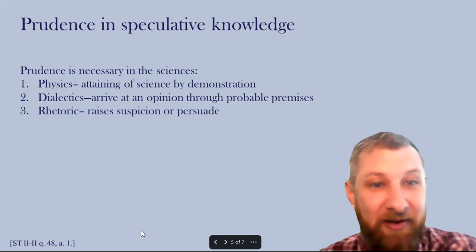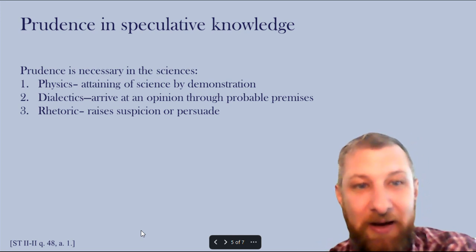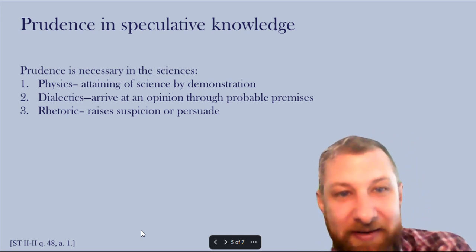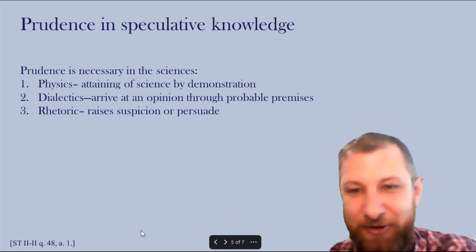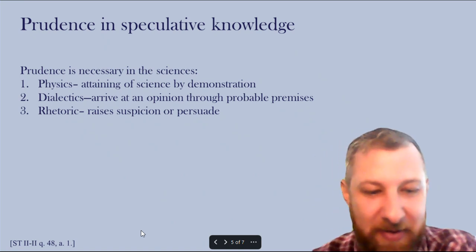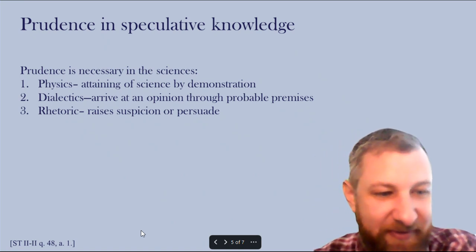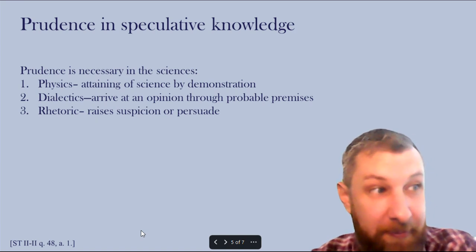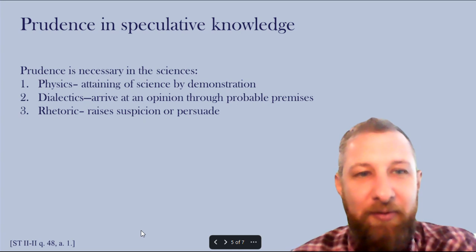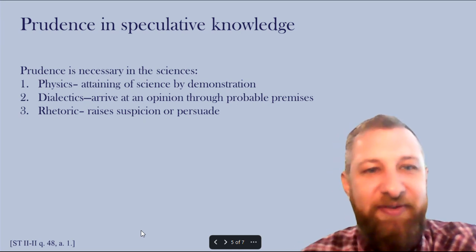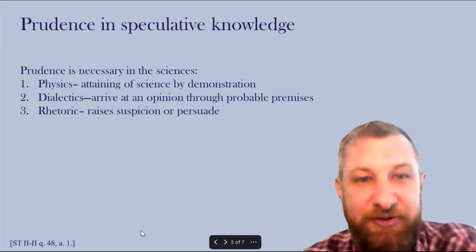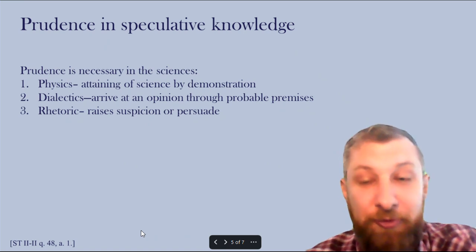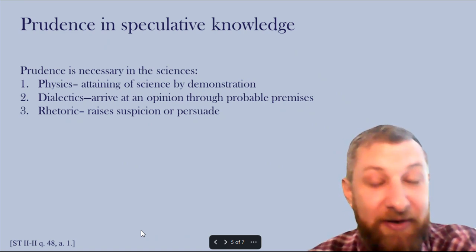The first is in terms of physics: attaining science by demonstration. So any type of science that deals with being able to repeat activities and to show some type of empirical knowledge would be under the topic of physics. Well, this is true when we think of memory and understanding, right?